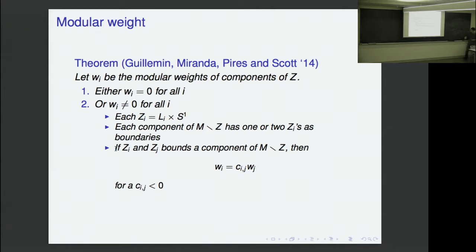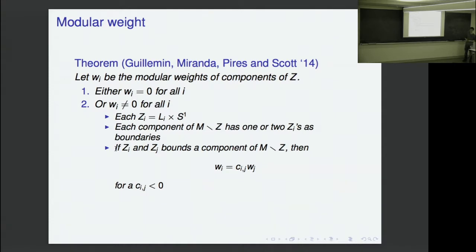So we have the weights with different signs, and this was also from this example. He explains what these weights are when they bound a component in the complement of Z. So if these two, Z1 and Z2, bound the same open manifold outside of the singular locus, they will differ by a negative sign.